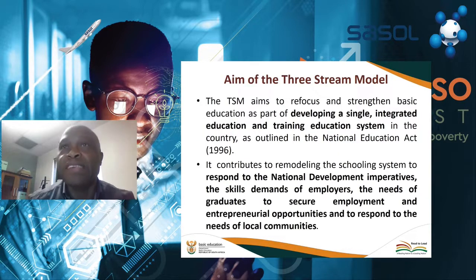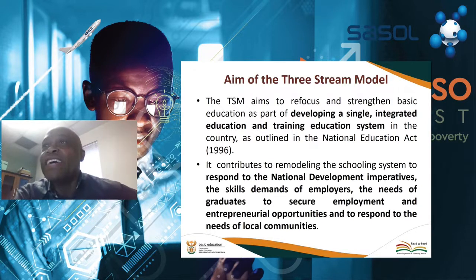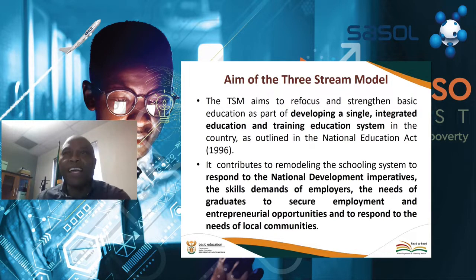What the three-stream model aims to achieve is to refocus and strengthen basic education as part of developing a single integrated education and training system in the country, as outlined in the National Policy Education Act.